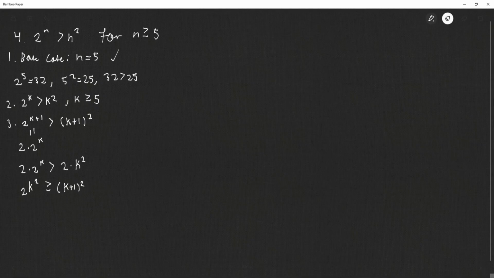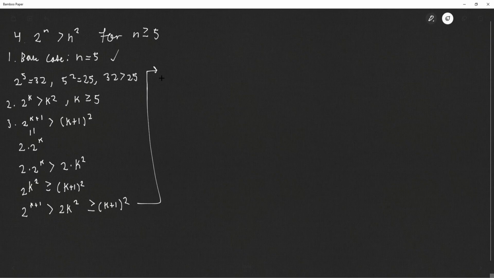Now the reason that this is important is because if we prove this inequality, then we have 2 to the k plus 1, which is greater than our 2 times k squared, which we'll have as greater than or equal to k plus 1 squared. And if this gets proven, this solves our original of 2 to the k plus 1 being greater than k plus 1 squared, which is what we want.